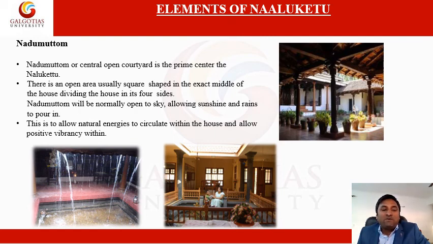Nadumuttam will normally be open to the sky, allowing sunshine and rain to pour in, and this allows natural energies to circulate within the house to allow positive vibrancy. Basically, this is why it is an open, low height courtyard, because they want to minimize the humidity inside the building.